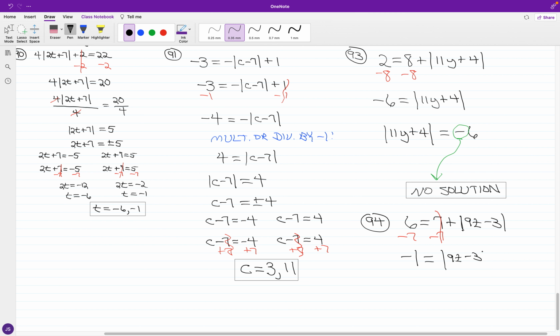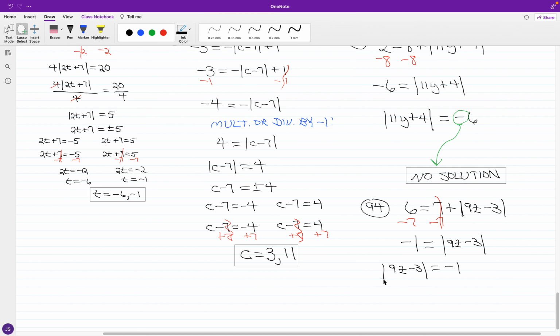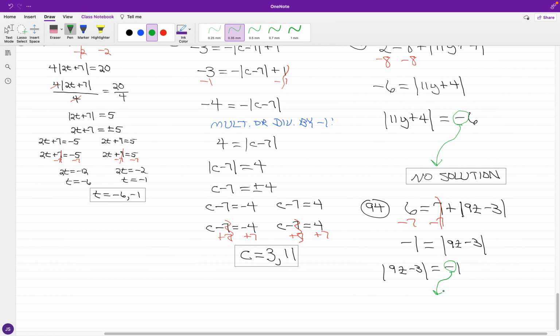And saying negative 1 is equal to the absolute value of 9z minus 3. Again, if I just switch the order, okay, and again, trying to say that the absolute value of an expression is equal to a negative. Again, I have that same roadblock once again. So like number 93, okay, number 94 results in no solution.